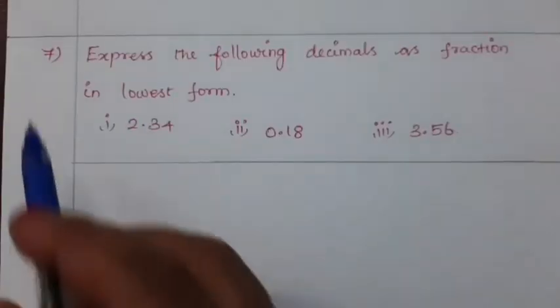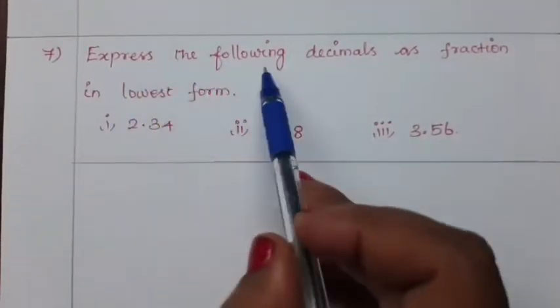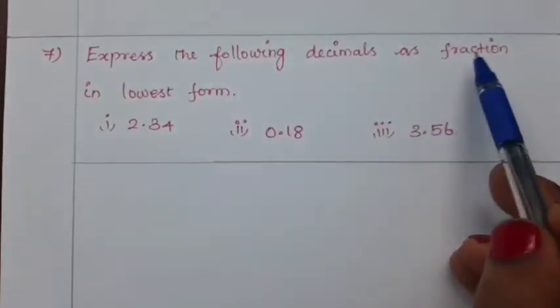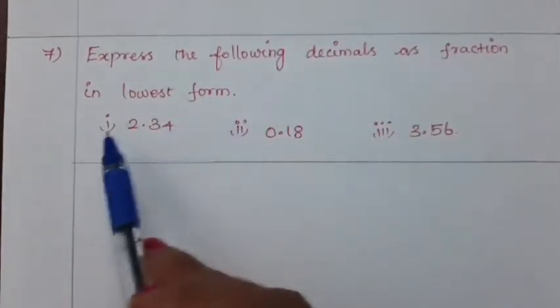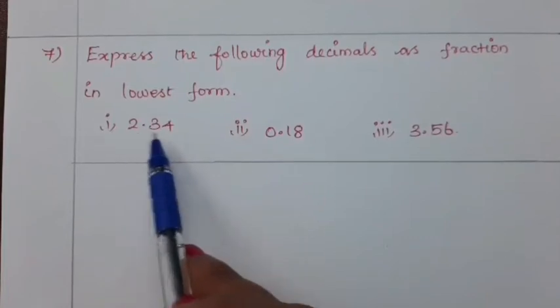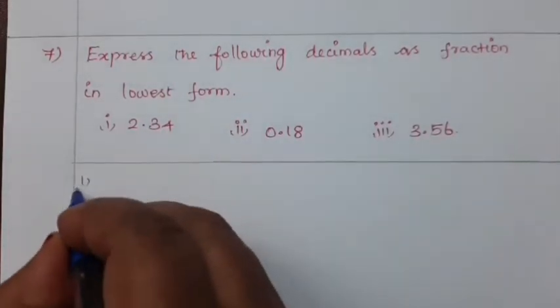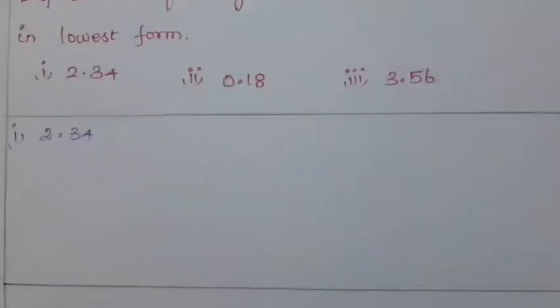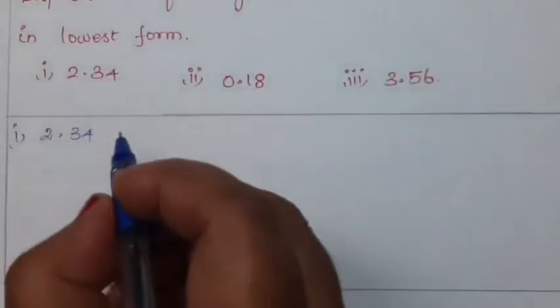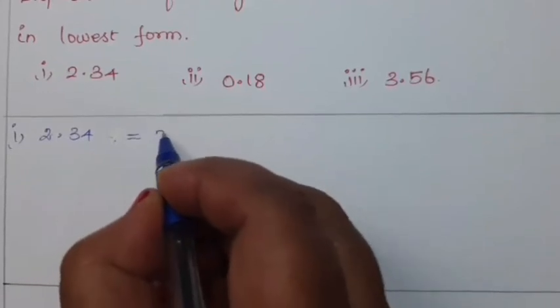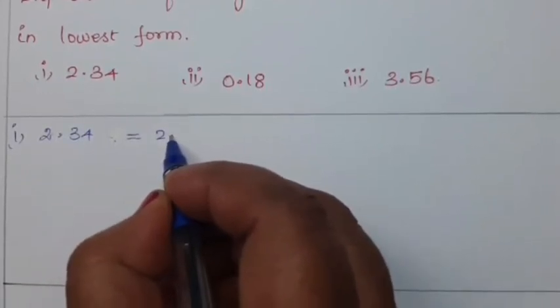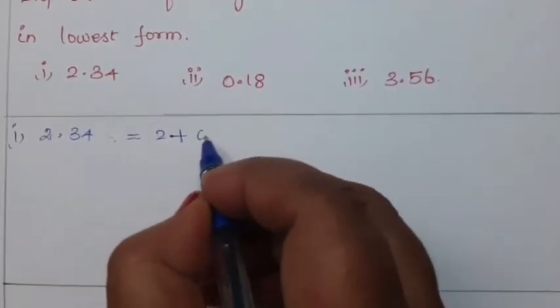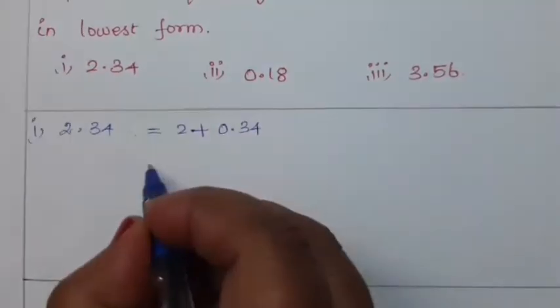Next, let us move to the seventh question. Express the following decimals as fractions in lowest form. Subdivision 1, 2.34. This 2.34 can be written as 2 plus 0.34.